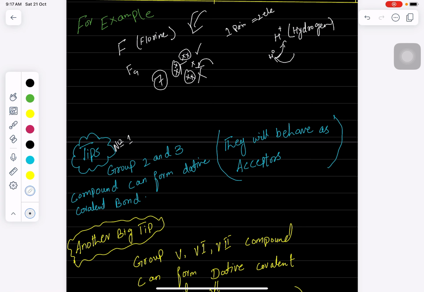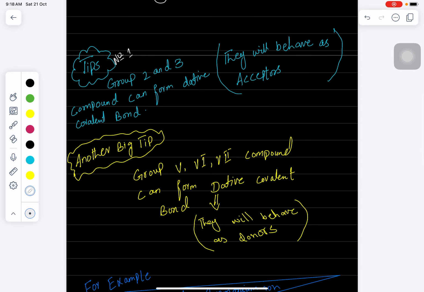Group 2 and 3 compounds can form dative covalent bonds, and they will behave as acceptors, meaning they will accept the lone pairs. Another big tip: group 5, 6, 7 compounds can form dative covalent bonds and they will behave as donors, meaning they will donate their pairs of electrons.